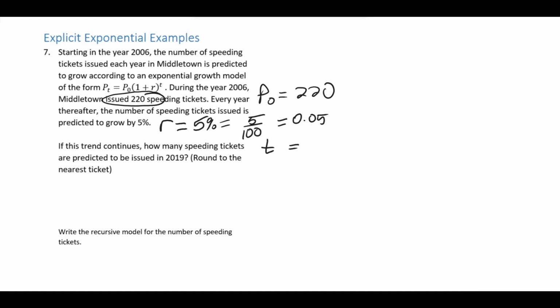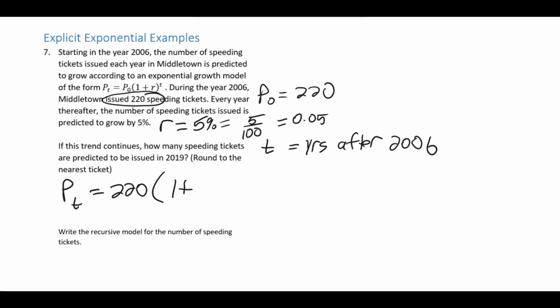T equals the years after when our initial value was, which is 2006. So with all this information, we can write down our formula. P sub T equals P sub 0, which is 220, times (1 plus R, which is 0.05) to the T.